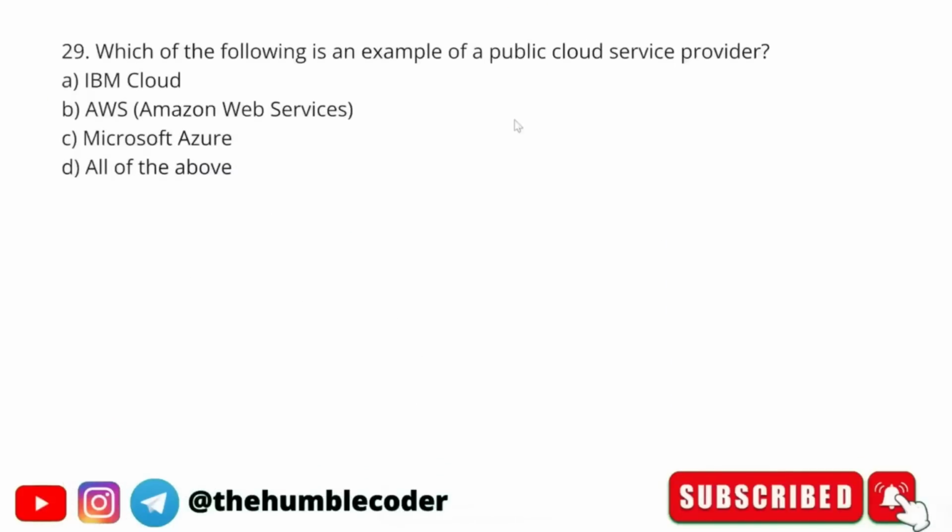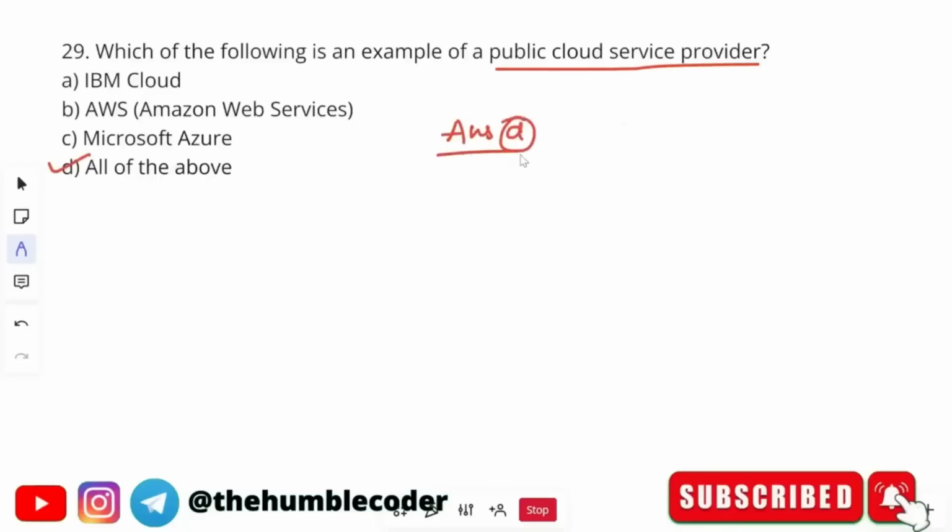Moving on to the next question. Which of the following is an example of public cloud service provider? Let's see the options that we have. First option is IBM Cloud. Second is AWS, that is Amazon Web Services. Third is Microsoft Azure. And fourth option is option D, which is all of the above. So again, in this case also, the correct answer is going to be option D, all of them are examples of public cloud service providers.